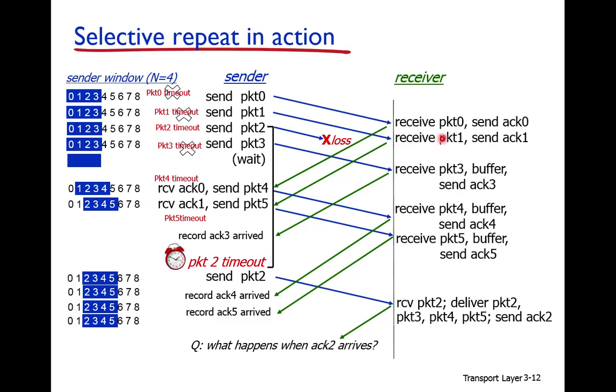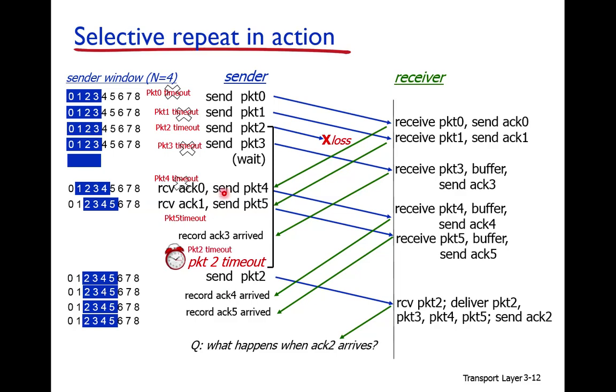Packets 0 and 1 are received and 2 is not received. So packet number 4 is out of order, so it will be stored in the buffer, and acknowledgement number 4 is sent. When acknowledgement number 4 arrives, its timer will be stopped.